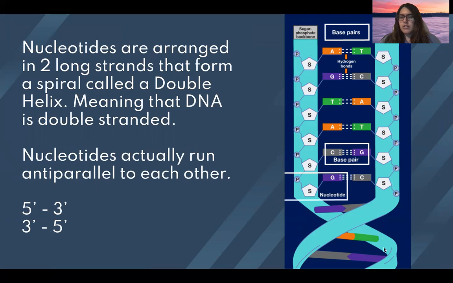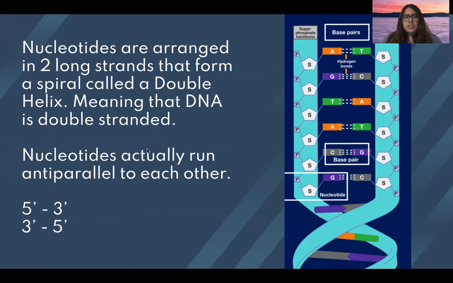That's why it spirals around, like a little spring. We call it a double helix. This means that our DNA is double stranded. We have two strands of a bunch of nucleotides stuck together along the side of each DNA.